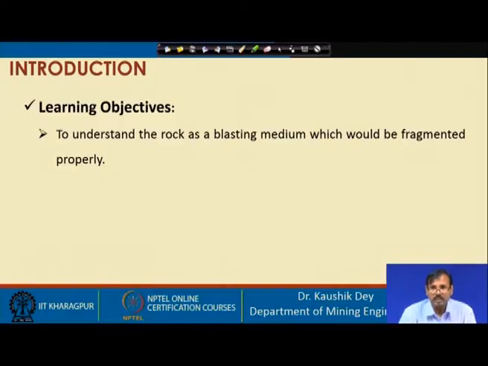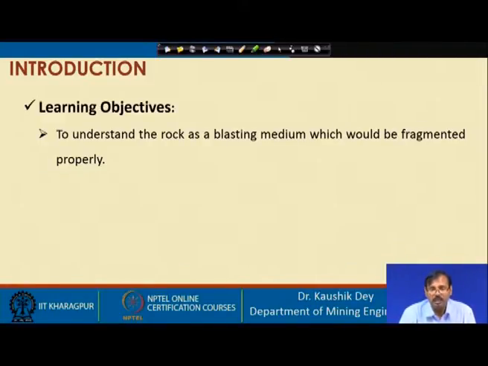If you imagine, to achieve the best fragmentation, what do we want? We want every small cube of rock to have a very small element of explosive, so that it can be fragmented properly, and that explosive must be placed at the center point of the block. But practically this is not possible.